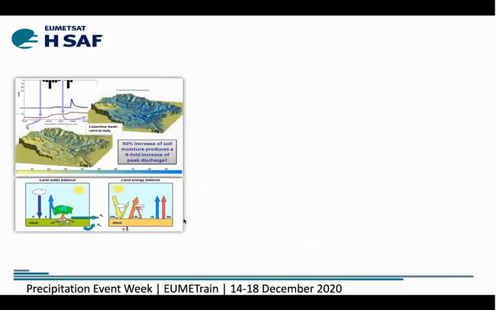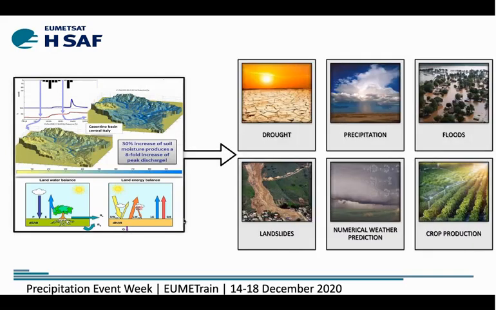So, as I will show you after, we have different groups working on the application and the quality assessment of this product. About the application, these are some of the applications that we have tested inside H SAF as an international group, for drought, of course, and using soil moisture and other products for floods, models and landslides.